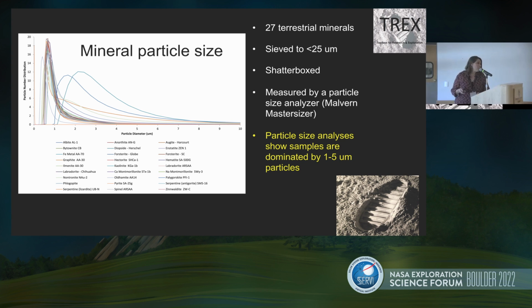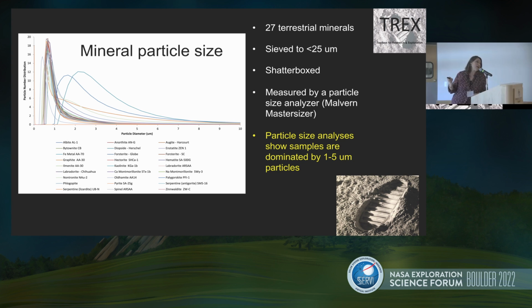So with our coarser minerals that we started with, we shatterboxed them, crushed and sieved down to sub 25 microns. But as you know, unless you introduce water, it's very hard to sieve to finer particle sizes. So we took that sub 25 micron particle size fraction, and then we just shatterboxed it to really pulverize our samples. But then we needed to know specifically what our particle sizes were.